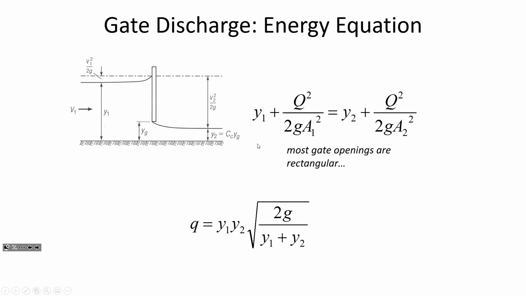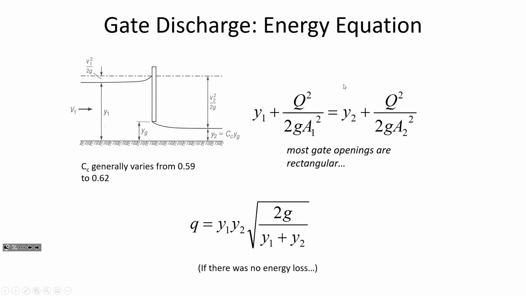Since most gates are rectangular in shape, then we could do this on the basis of flow per unit width, lowercase q. And so here, the flow per unit width can be a function of the upstream and the downstream depths. And this can be useful for problem solving. A typical coefficient of contraction is 59 to 62% as the water continues to accelerate after coming out from underneath the gate.